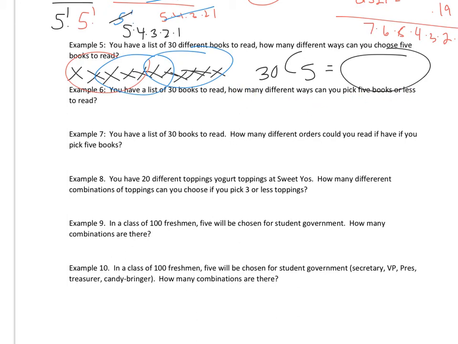Okay, so then we're not just picking 5 books. We're picking maybe 2 books to read or 1 book to read or 3 books to read. So there's going to be a lot of different ways. But again, the order to me does not matter. You're just grabbing 5 books to read.